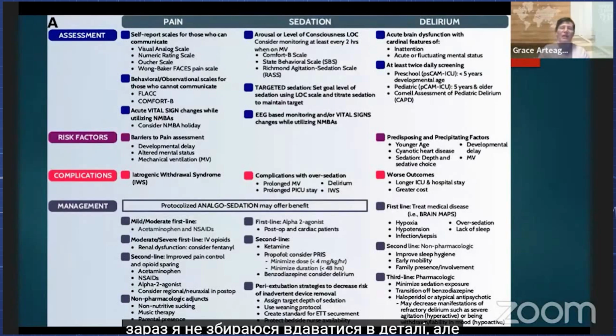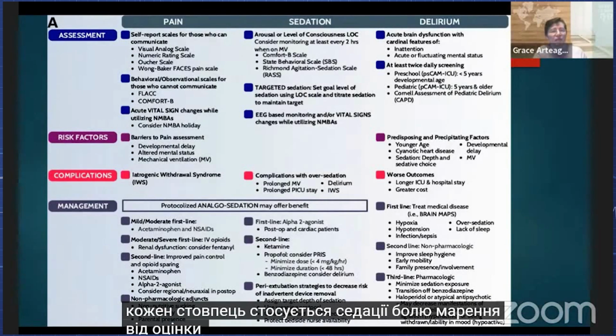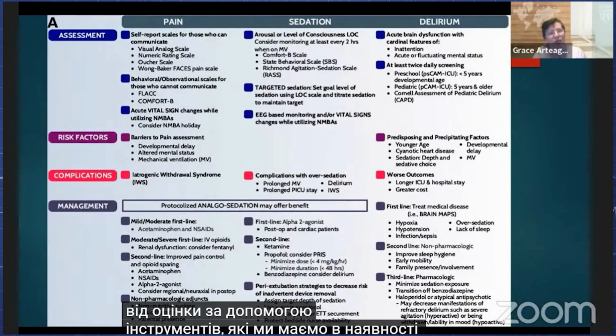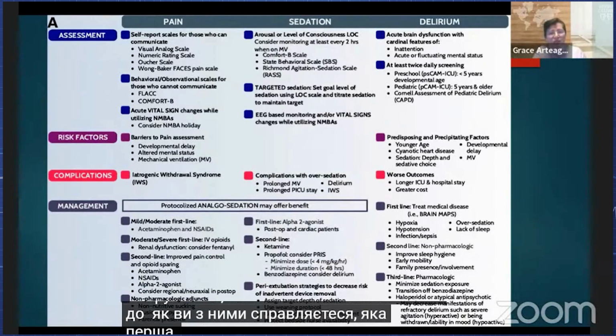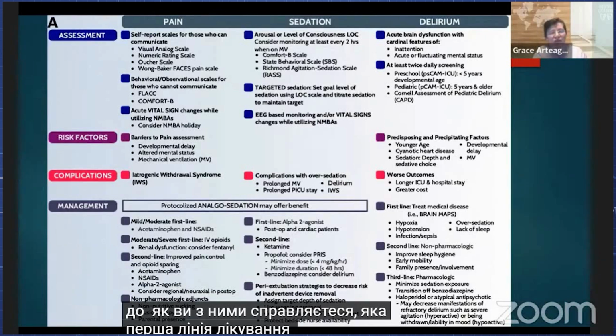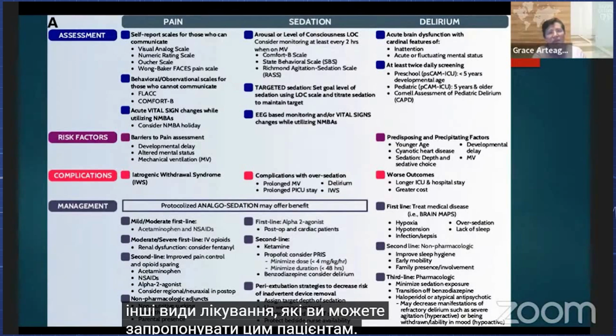Now, I'm not going to go in detail, but each column addresses pain, sedation, delirium, from the assessment using the tools that we have available all the way down to how you manage them, what is the first line of treatment, and what are some other treatments that you can provide to those patients.